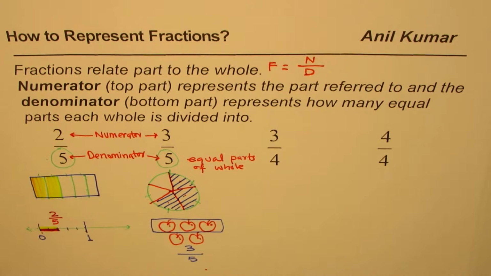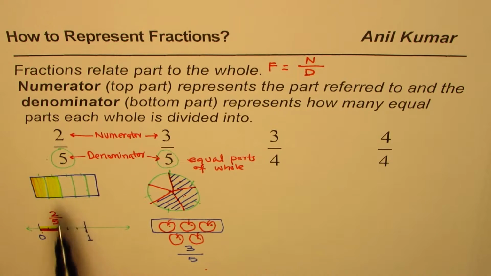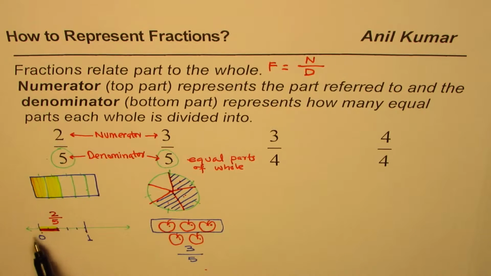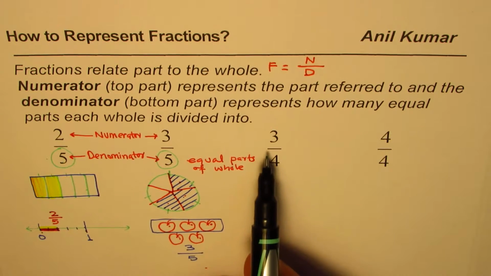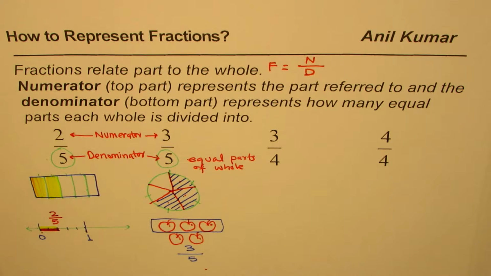Can you do that? Well, 3 different ways could be making a rectangle, making a circle, and on a number line, right? Or if you want, you can have 4 different pieces and select 3. That could be an option also, right? So fractions could be represented in so many different forms.